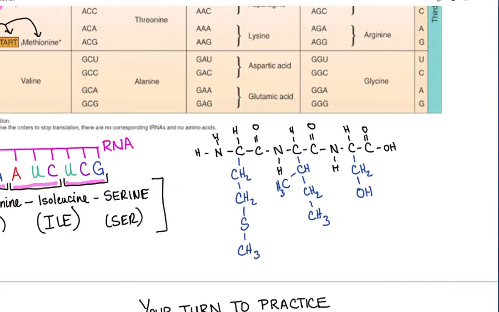Okay, so based on this, I think it would be pretty obvious that this one, which is isoleucine, has nothing but carbons and hydrogens in it. This one is going to be nonpolar. And this one over here, serine, has an OH in it, so that makes it polar.